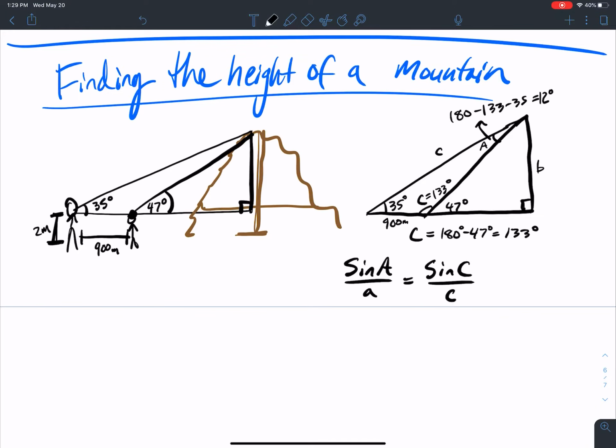then I can figure out this hypotenuse C for that right triangle, and then I'll be one step closer to getting my B. So the sine of A, the sine of 12 degrees over little a, 900, equals the sine of C, the sine of 133 over little c.